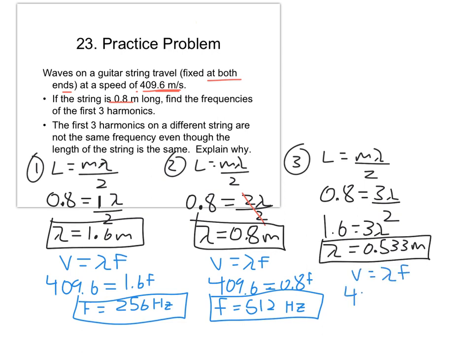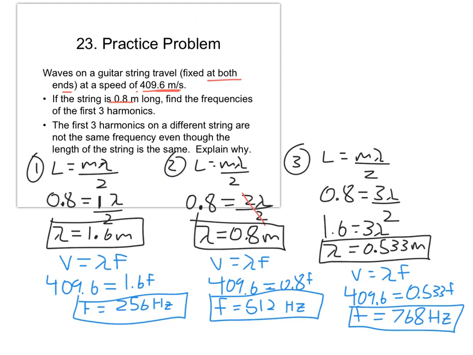So we have 409.6 is going to be equal to 0.533 f. So we find that our frequency here for this last one is 768 hertz. And so there you have the first three frequencies, the first three harmonics for waves on this particular guitar string.